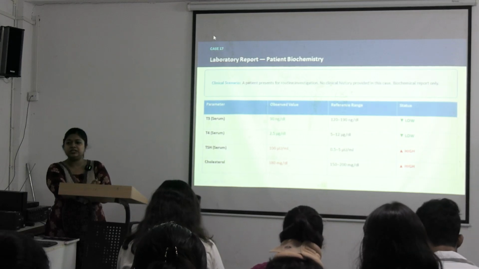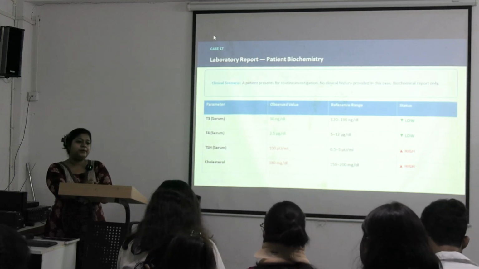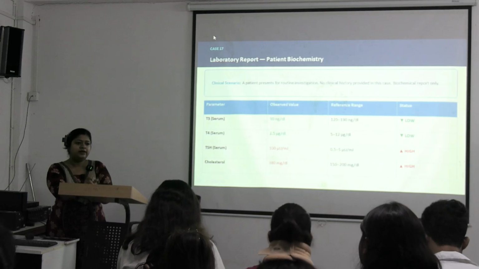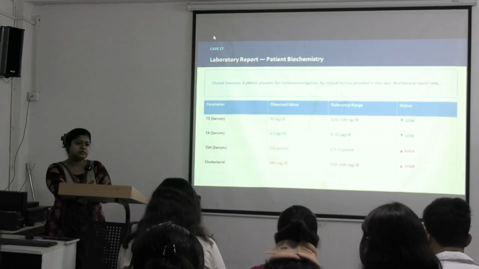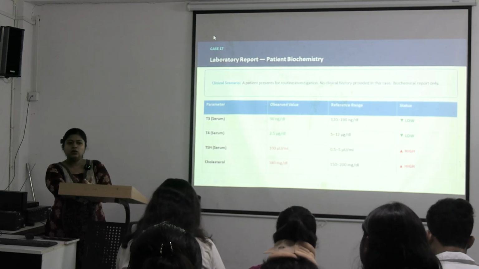That inflammation keeps drawing fluid, so there will be fluid retention, leading to edema, fluid load, and then obesity.